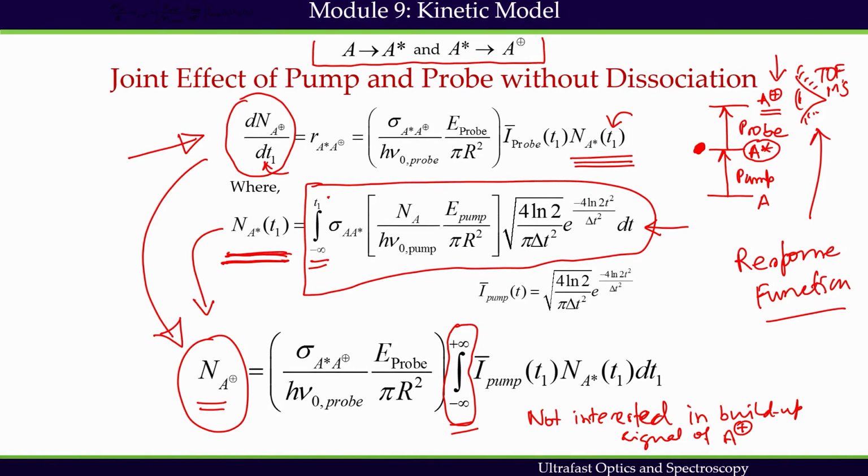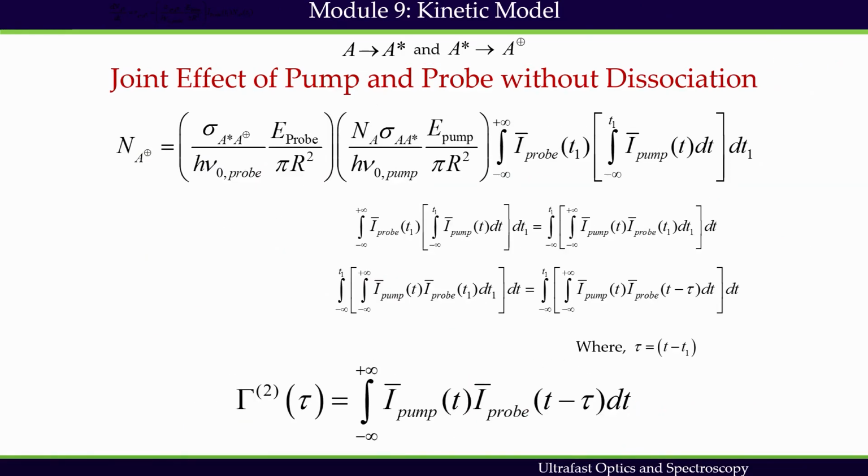So, this integration finally Na plus integration can be rewritten as this. These are the constants we get for the pump and probe pulses, and finally integration we get this integration.